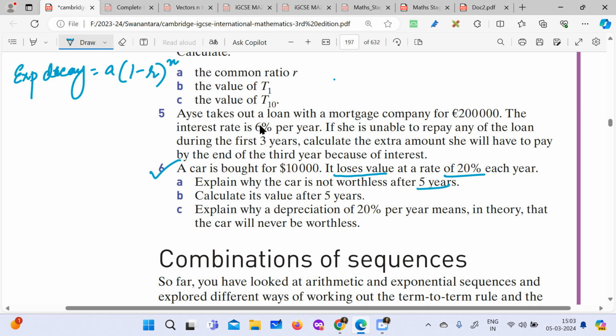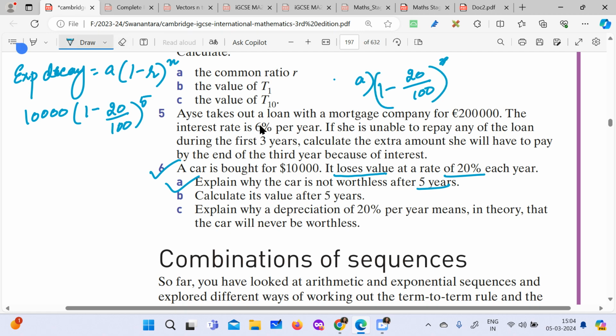See, now if I just put the values here: a is 10,000, then 1 minus r is 20%, and then to the power of 5. Okay, now just for this part, explanation: the car's price is depreciating like this: 20 over 100. So this will be 1 minus 20 over 100 to the power of n, that is 5.